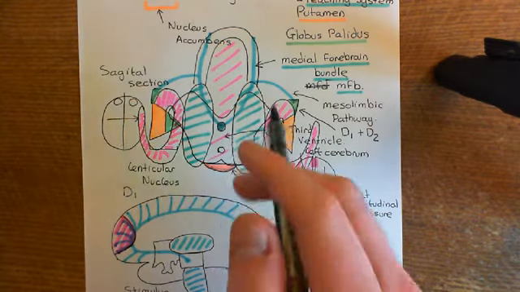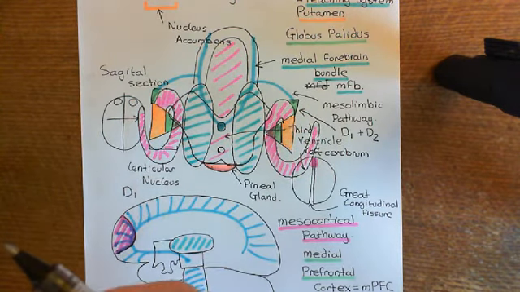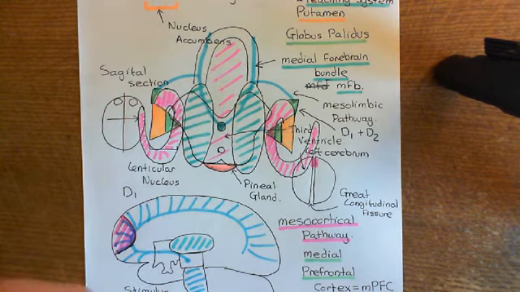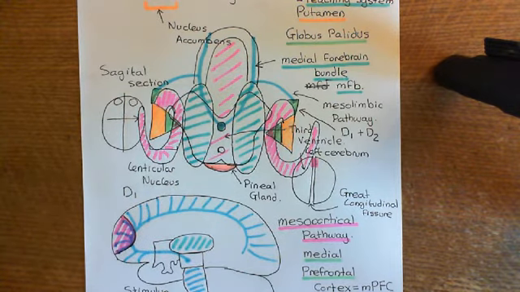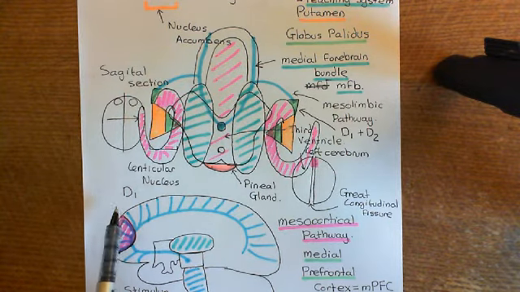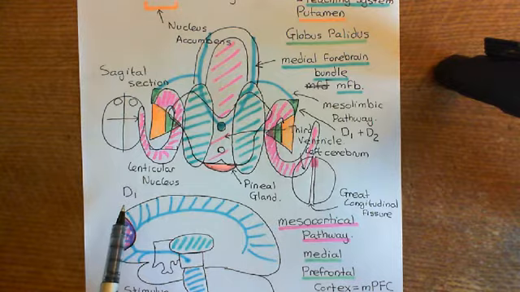These dopaminergic axons will be synapsing through en passant synapses or varicosities, releasing dopamine onto the neurons of the cortex. Remember the main receptor for dopamine within the cortex is the D1 receptor.